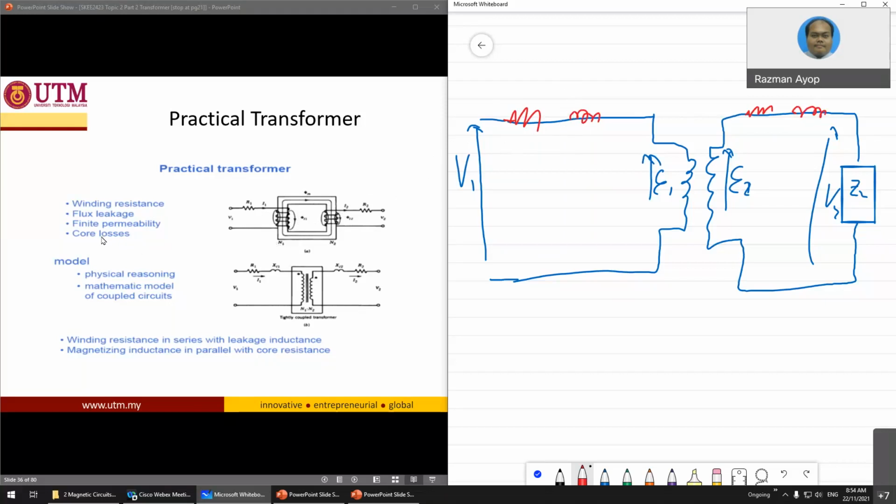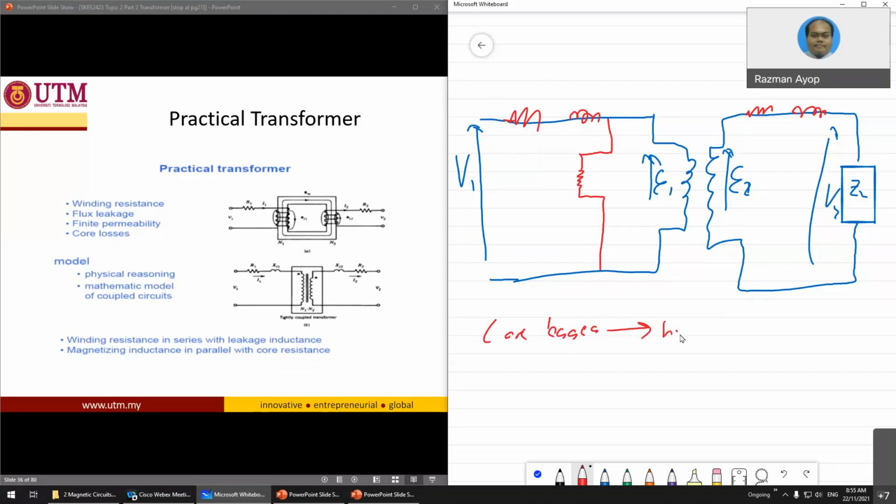And then you have core losses. When you have core losses, you have to add another circuit, in the form of resistance. So what is core losses? Recall back the theory in the magnetic circuit, the theory of the transformer.